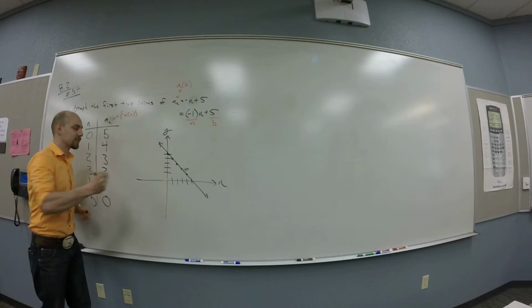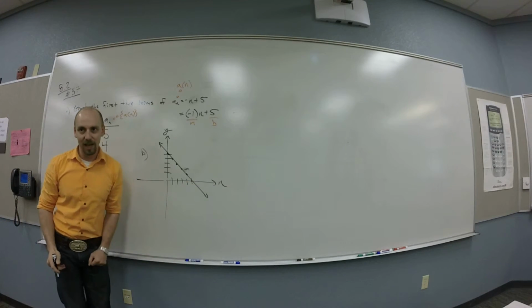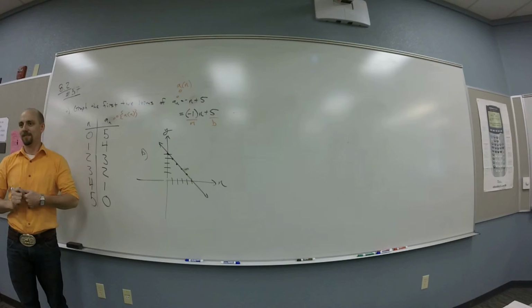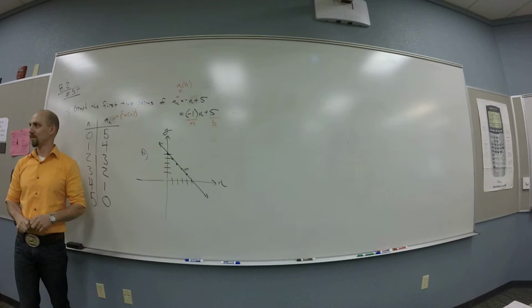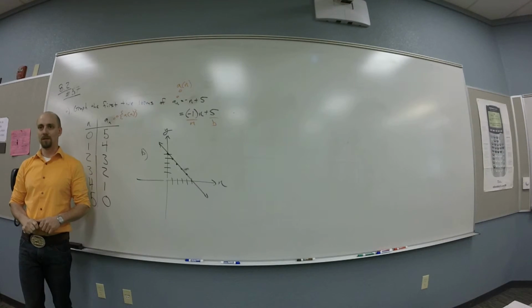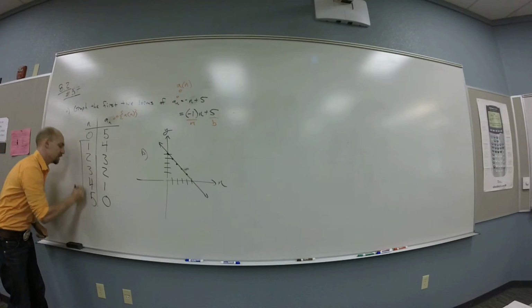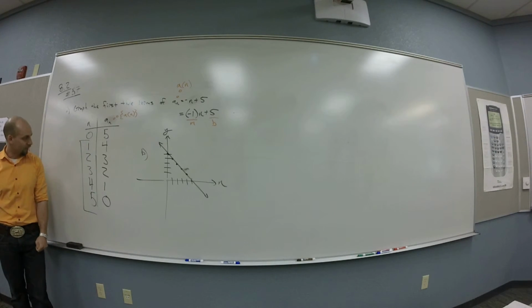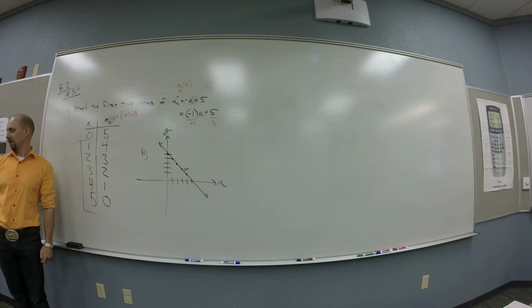This is really what they were asking for in part B, except they were asking that we label this the x-axis. Is it different? Not really. It's just a variable name. Cool? The back of the book also is going to give you these 5. Why? Anybody know? Yeah, this is an arithmetic sequence.